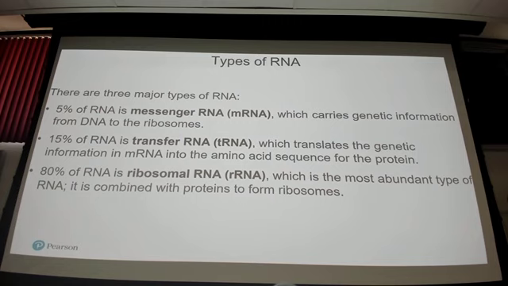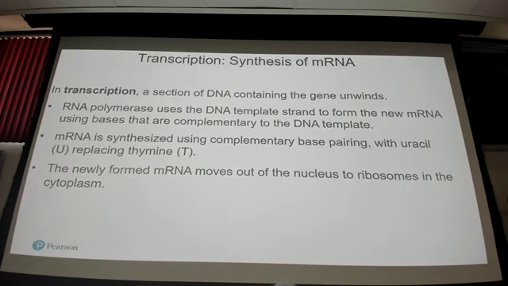So the messenger RNA contains the codon, and the transfer RNA contains the anticodon. Messenger RNA synthesis is transcription. In transcription, the RNA polymerase uses the DNA template to produce messenger RNA with complementary base pairs to that DNA. Of course, it's going to replace thymine with uracil, because uracil is only found in RNA.